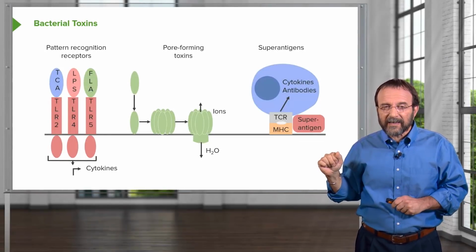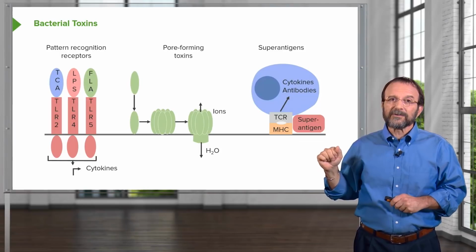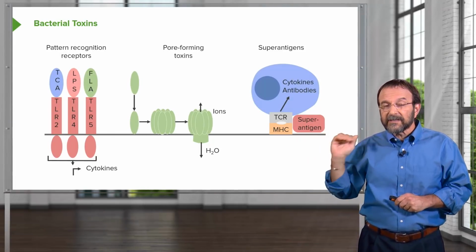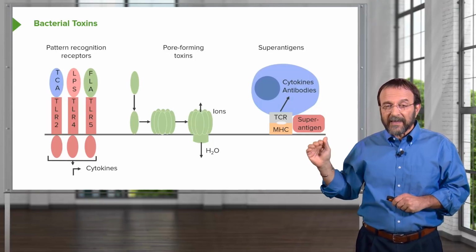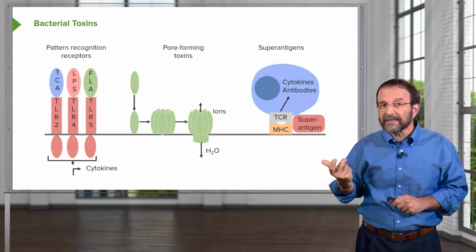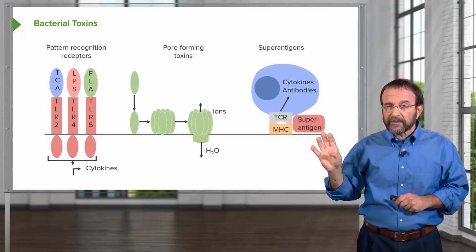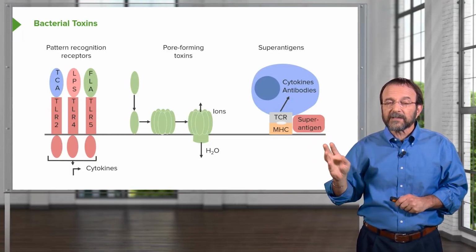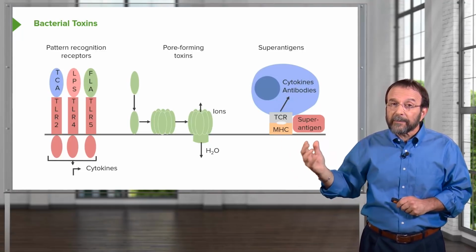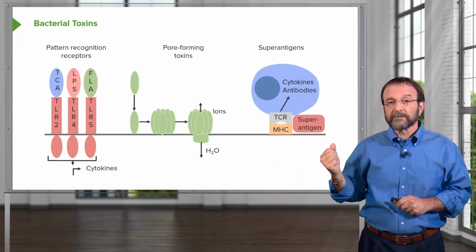Lipopolysaccharide is recognized by pattern recognition receptors located on the surface of the eukaryotic cell. We all have such receptors in order for us to recognize what is foreign. And when foreign molecules are recognized, the result is a production of cytokines, which mobilize the immune response, but may also have detrimental properties.